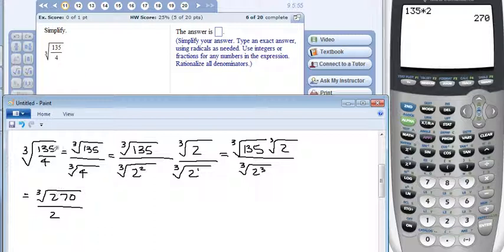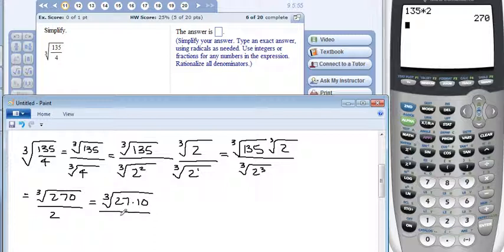Okay, so I did get rid of my double radical. I did get rid of it in the denominator, but I'm pretty sure I've got something going on here, right? I mean, again, we can't have our perfect cube sitting underneath there as a final answer, okay? So I can see right away that there's a 27 in there. That one's pretty easy, 27 times 10.